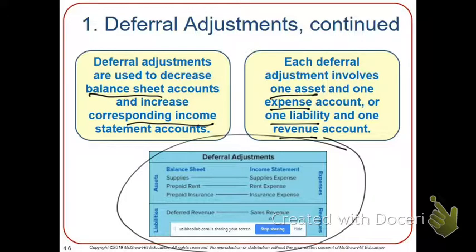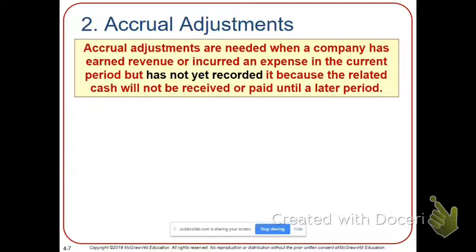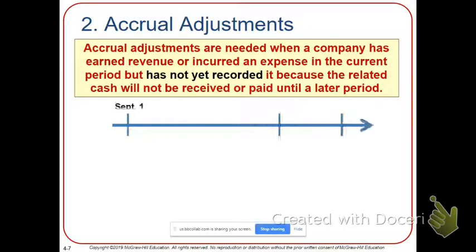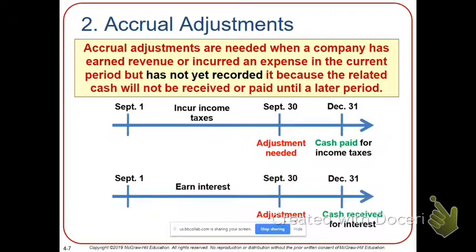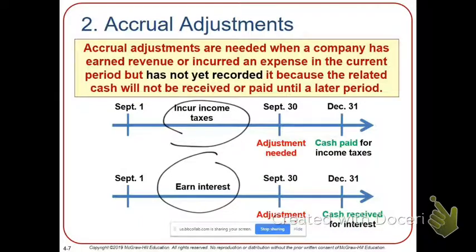Before I write them out, I'm going to tell you the definition of accrual. Accrual is when we haven't paid for them yet. We record the adjustment first, and then you pay. Income taxes and interest are examples of those. We record the fact that we have some type of adjustment, interest expense, income tax expense, but we haven't paid for it and we'll pay for them later.